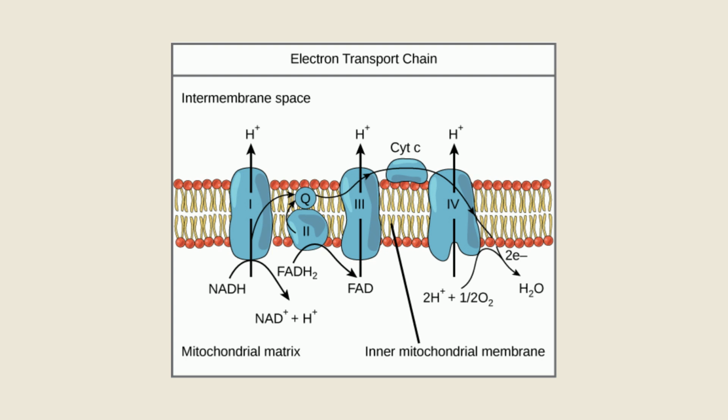So as we are separating them from the electron carriers, the hydrogen ions will then be pumped. As electrons travel through this electron transport chain, hydrogen ions are continuously pumped into the intermembrane space.